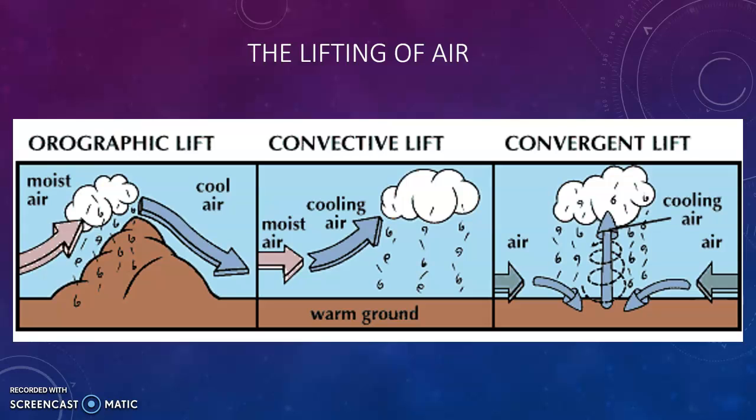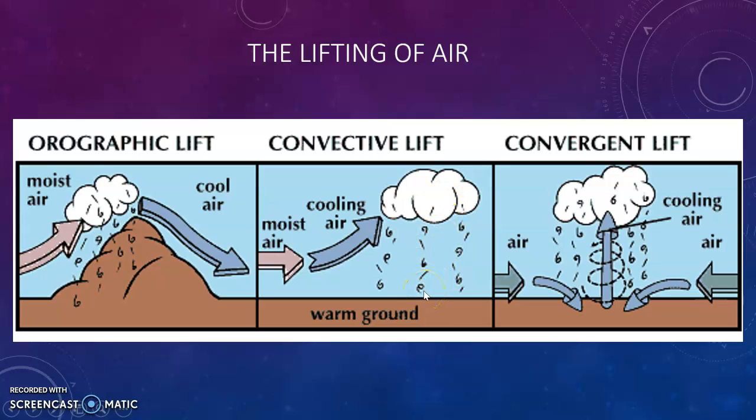The warm air is less dense, so it rises. That's the air near the ground. It's going to be warmer near the ground because of the heating of the Earth's surface. And as you see, it rises to cool, and then depending on where, this can create clouds and therefore can have precipitation in the convective lift.